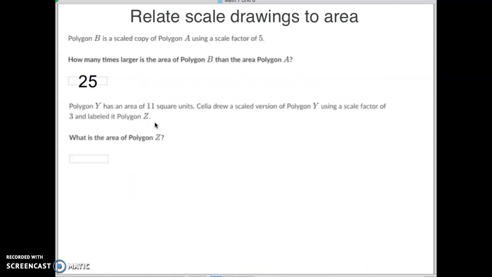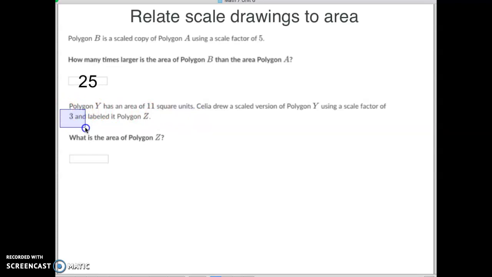We're going to do 4 of these. Polygon Y has an area of 11 square units. We're going to have a scale factor of 3, meaning we're going to make it 3 times bigger going one direction, and then 3 times bigger going another direction. Well, what is 3 times 3?